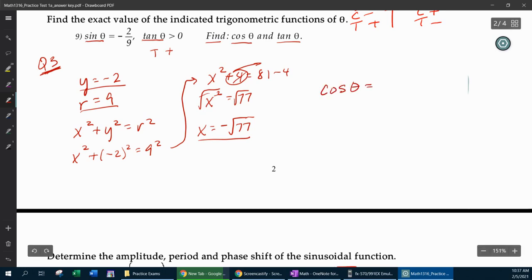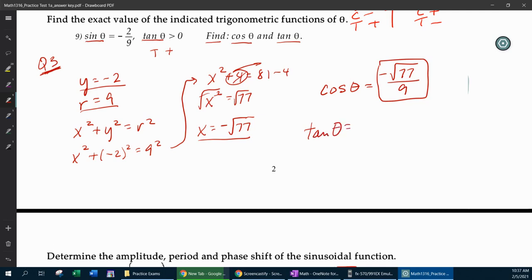So cosine is x over r, which would be negative square root of 77 over 9. And tangent, which is y over x, would be -2 over negative square root of 77.